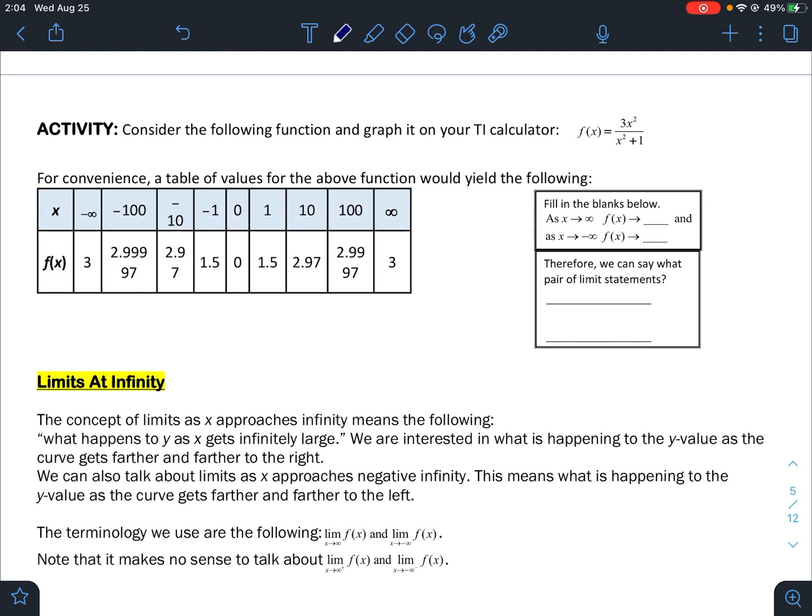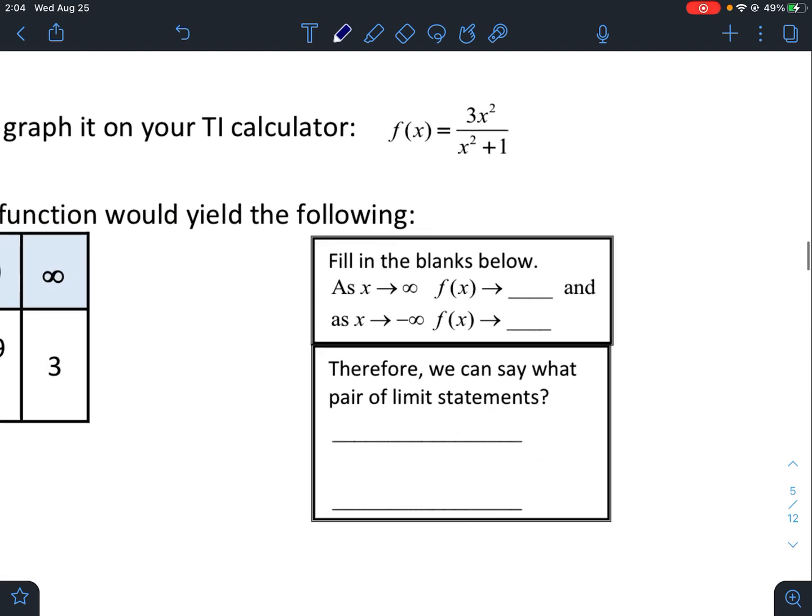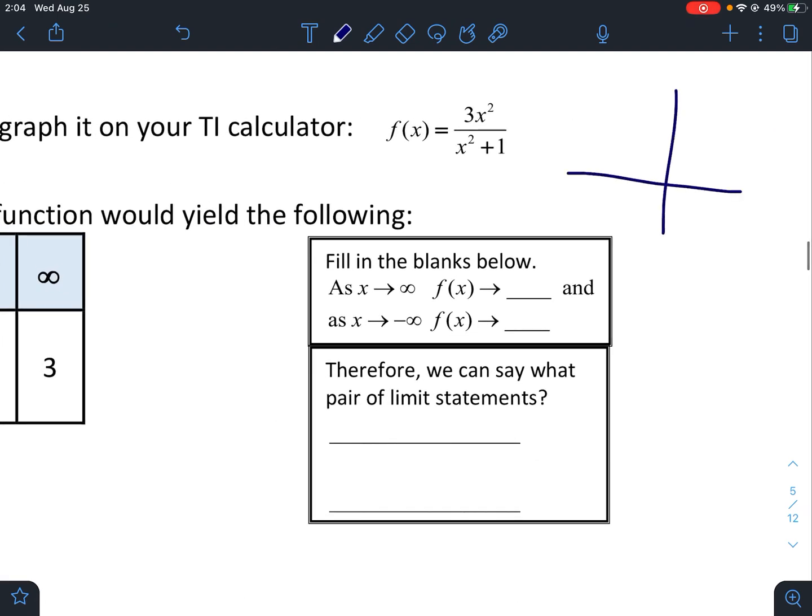If you just take a look at that graph, my quick sketch would look something like this, kind of like one of those birds that you drew when you were in second grade, right?